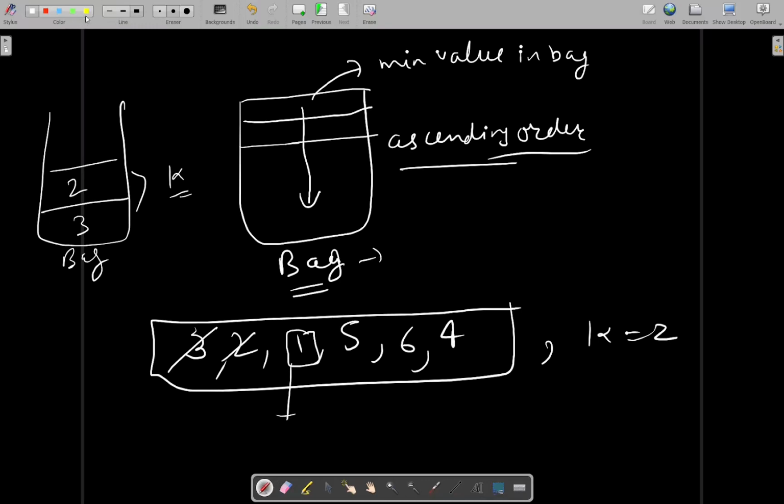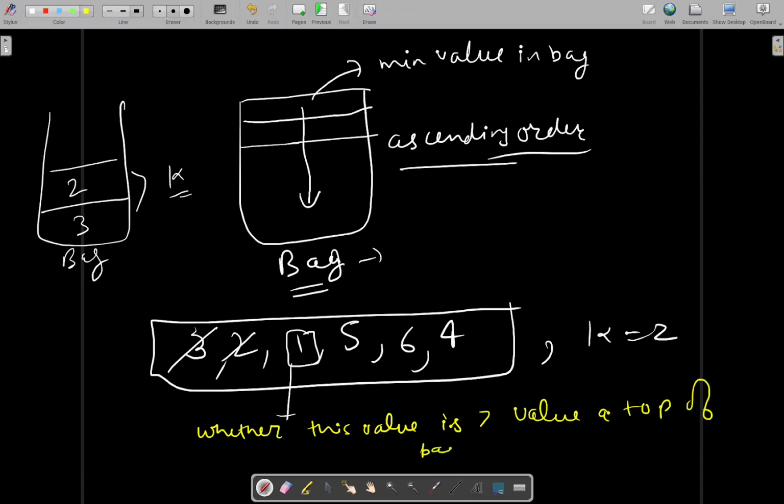whether the value that we have encountered is greater than the value at top of the bag, which is the minimum value in the bag.